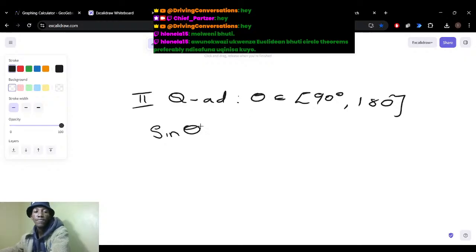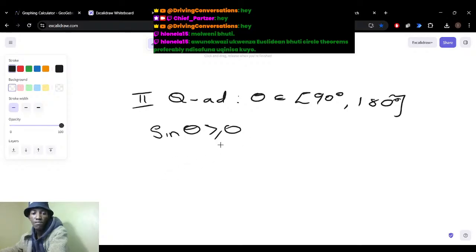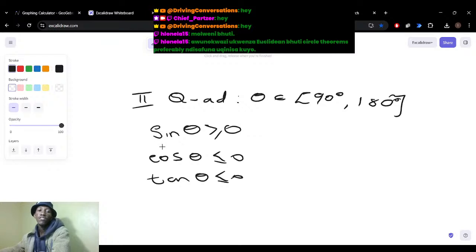Take any value of theta between 90 degrees and 180 degrees, and sine theta will be positive, meaning greater than 0. Any other trig function will be less than 0. So the only one that is positive is sine theta in the second quadrant.